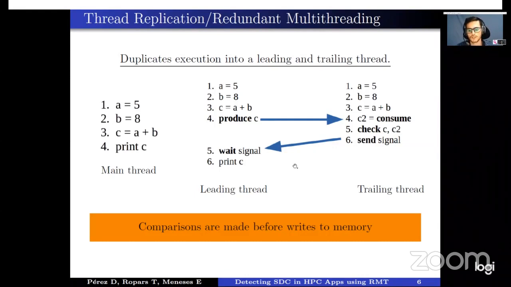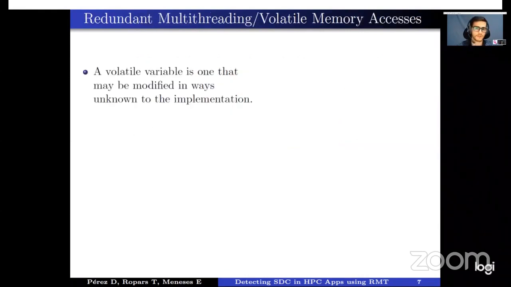Okay, so something very important within redundant multithreading is what is defined as a volatile memory access. A volatile memory is one that may be modified in ways unknown to the implementation. That means a variable that escapes the thread local scope. It pretty much means all those writes to memory.